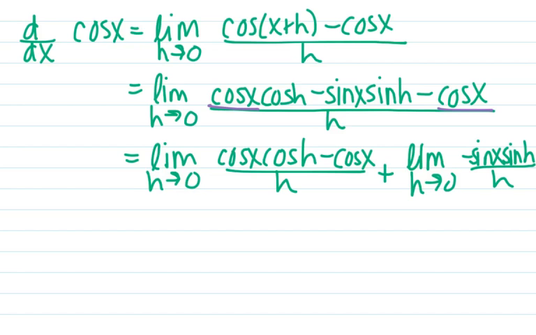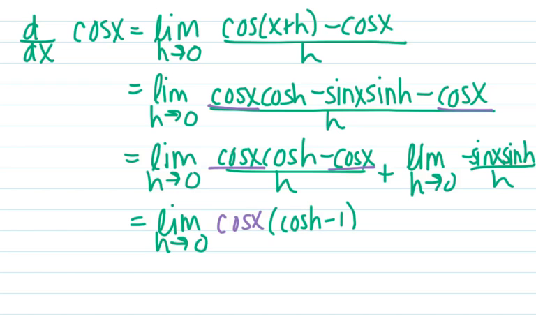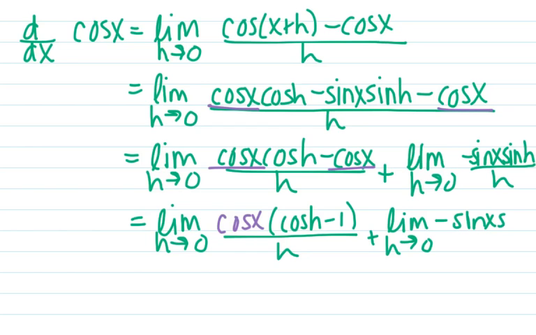Won't forget that. Okay, so this has cosine x as something we can just factor out front. So limit as h goes to 0. We're going to factor out cosine x, and that's going to leave us with cosine h minus 1. This looks familiar. Okay, come over here. There's not really any factoring to do here. All over h.